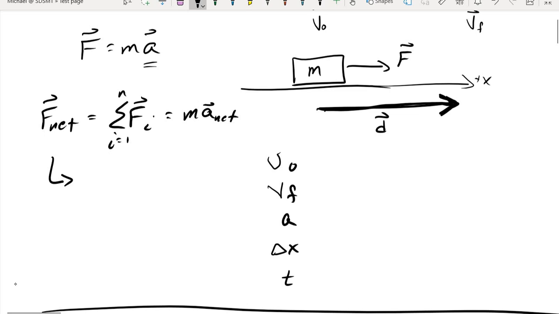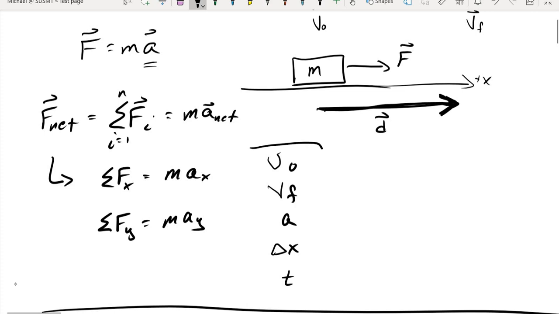But my preference for these is to take individual summations in the x and the y directions, and then that will tell us what the x and y acceleration values of our object are going to be. And once we know the acceleration of an object, we can apply that back to our kinematics.